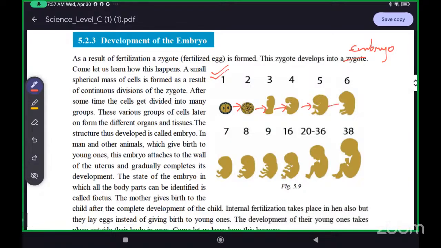When the zygote divides into various cells, the cells form groups, and the groups divide further to form tissues and organs, the structure that it makes is known as an embryo. In man and other animals which give birth to young ones, this embryo attaches to the wall of the uterus and gradually completes its development.